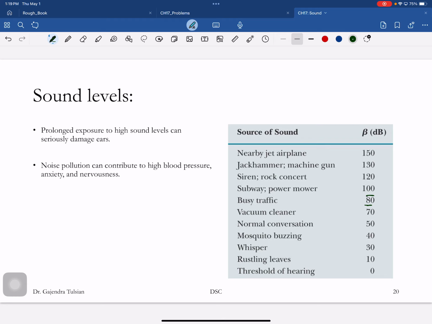Yeah. A lawnmower, that's how it would sound. A milliwatt speaker if you stick your ears right next to it.